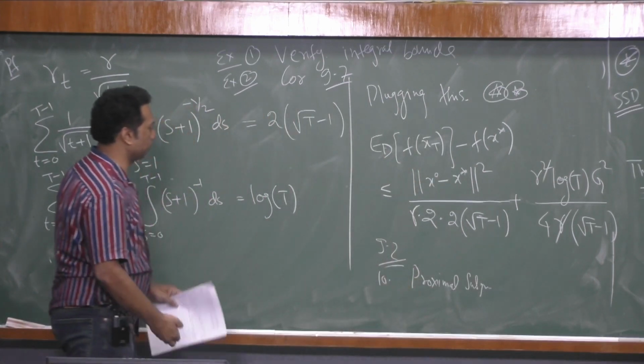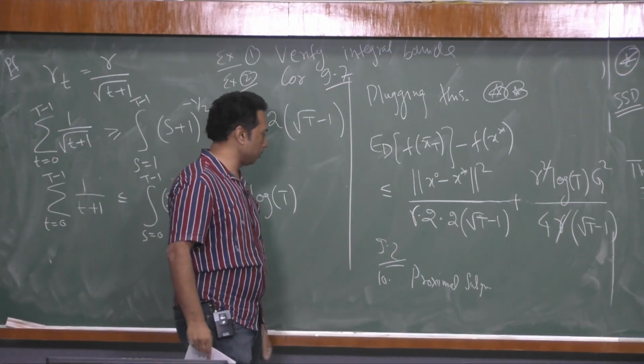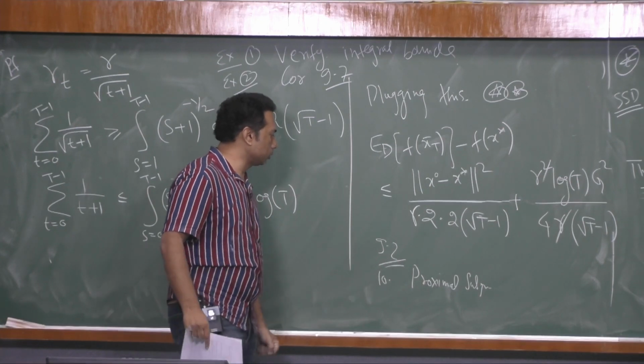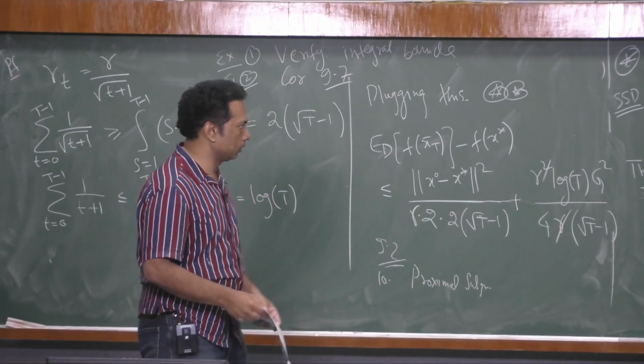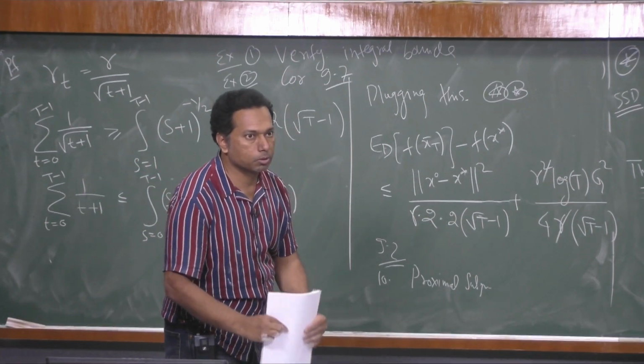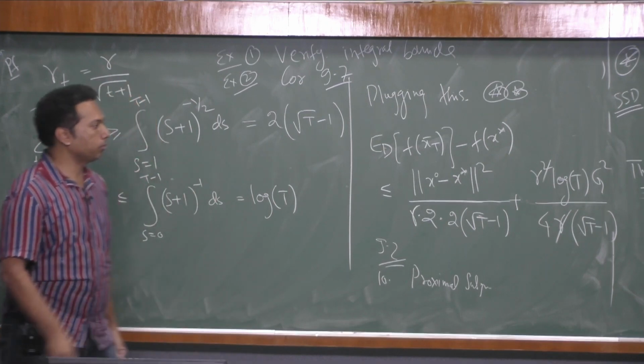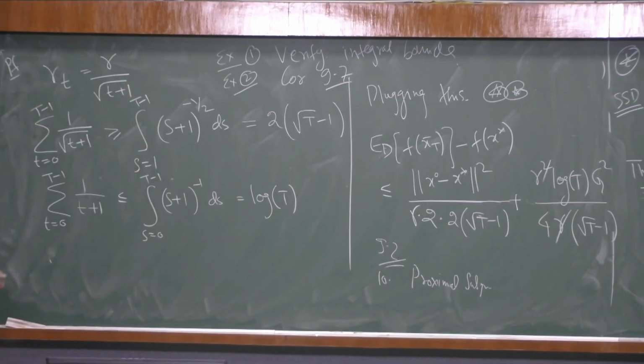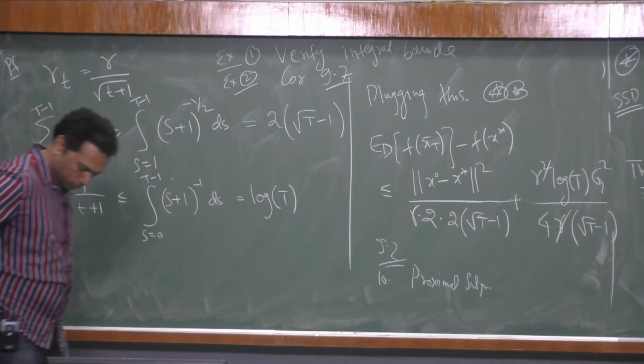I believe I will need 2 more classes to complete this stochastic case. It's good that we see the full scale for the stochastic case, and then for the remaining 6-7 classes we will do the min-max problems, specifically for the GAN. So that will be the plan. Okay, thank you.